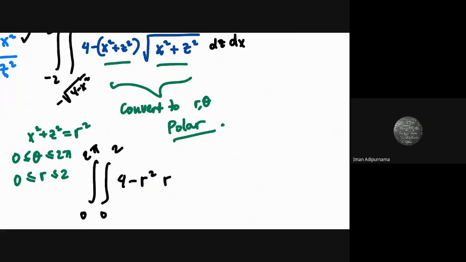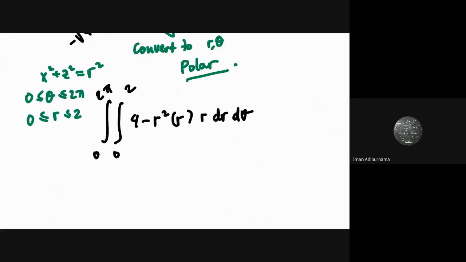And don't forget to multiply by r dr d theta. Okay, we will have 4 minus r to the power of 4. Wait, wrong.